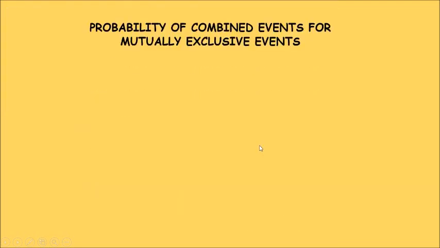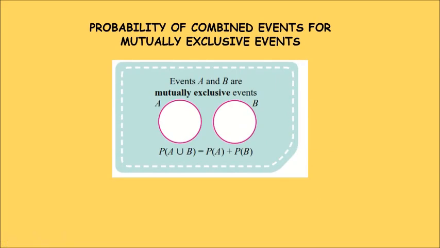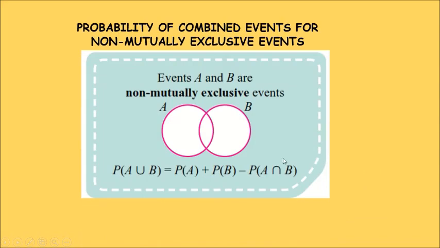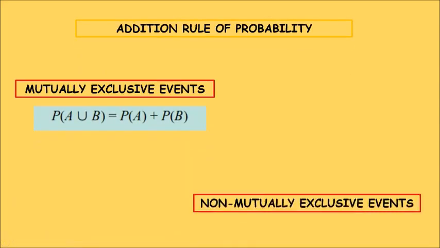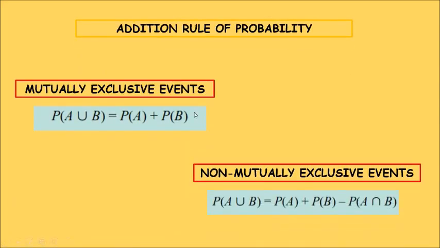So in general, here is the addition rule for mutually exclusive events and the addition rule for non-mutually exclusive events.